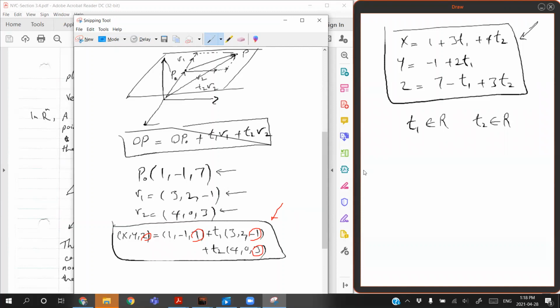The way you memorize that is that there are parameters in both of them, but this one is written in the form of a vector equation. OP is a vector, OP0 is a vector, and V1 and V2 are both vectors. So for that reason, this is called a vector equation for the plane. And these are called parametric equations for the plane. t1 and t2 are the parameters.